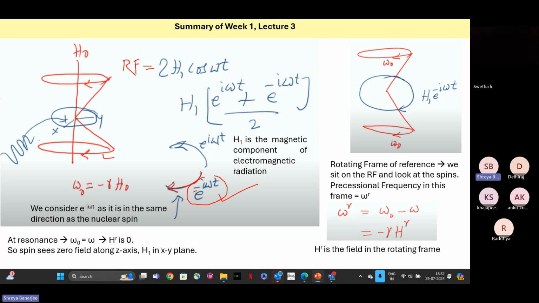You can see this direction is clockwise, and e to the power minus i omega t is also clockwise. So this is the one that we consider because it is the same direction as the nuclear spin.